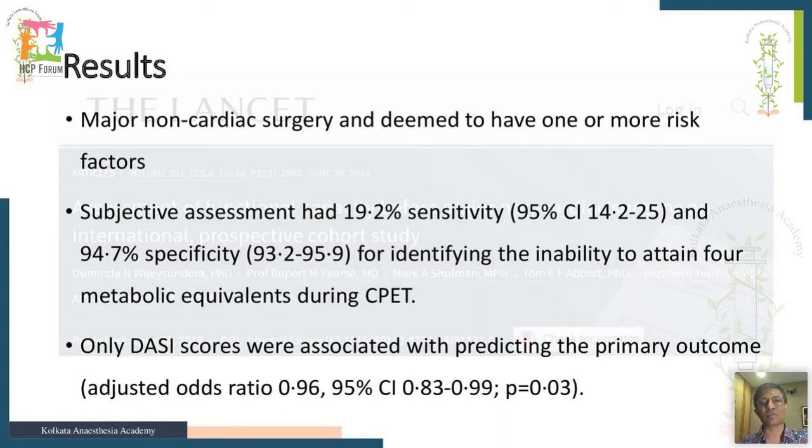It had just a 19.2% sensitivity, and therefore it had very poor association with predicting the primary outcome, which is major adverse events for a major non-cardiac surgery.